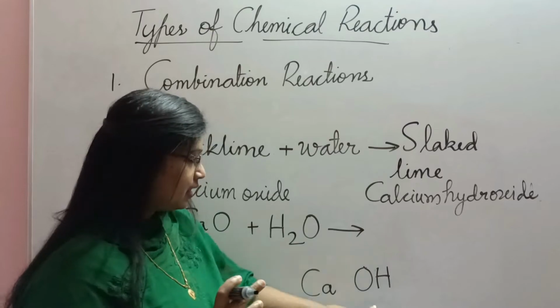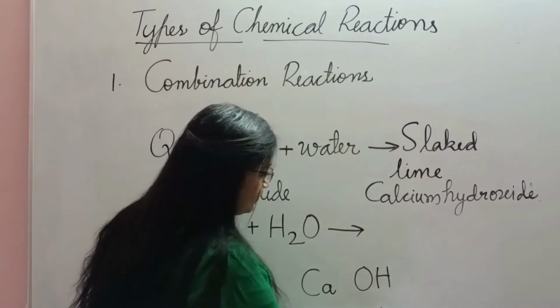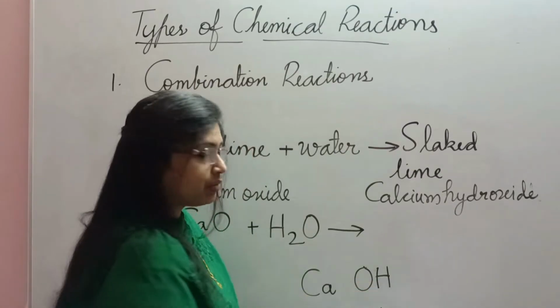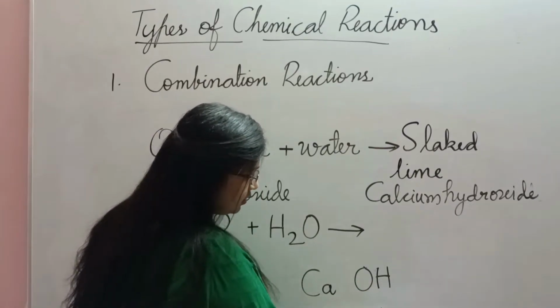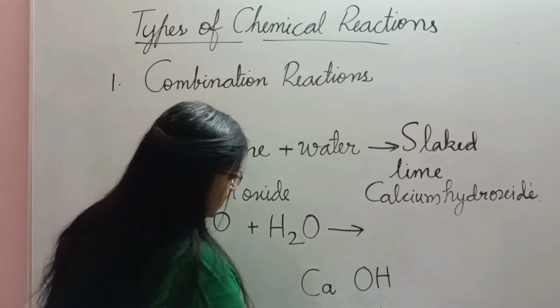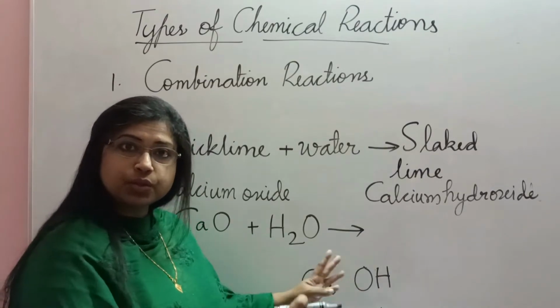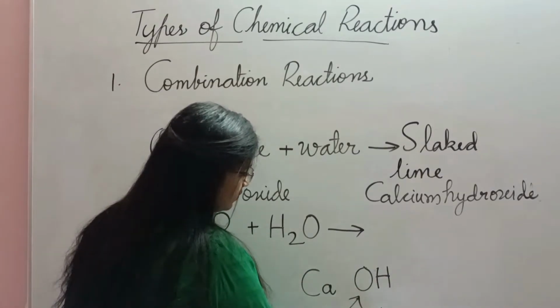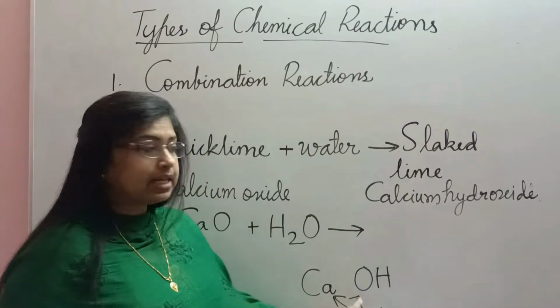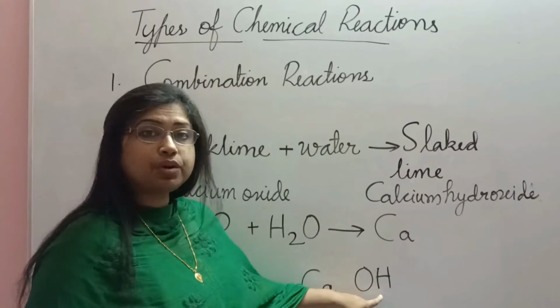Okay? Now the charge of the hydroxide radical is -1. In order to write the chemical formula, we need to write only the charge. See, the number is enough. Now calcium, as we have seen earlier, the valence of calcium is 2. Now crossover. There is 1 calcium and 2 OH radicals.